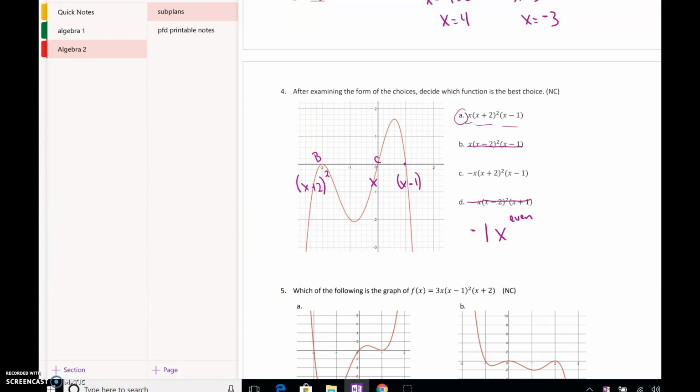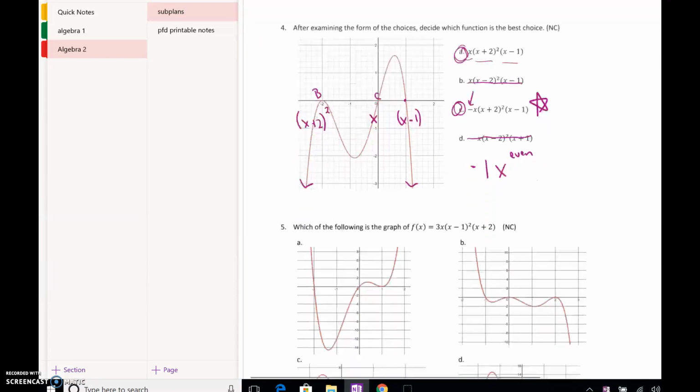So at this point, I'm going to narrow it down to A and C, and I'm going to choose C as the correct answer, because this negative is going to force that shape to be an upside down shape, meaning the end behaviors are negative infinity for both of them. So the answer for this one is C. Don't just focus on the x-intercepts; focus on whether it's a bounce, wiggle, or cross, and which direction that shape goes. All right, number 5.